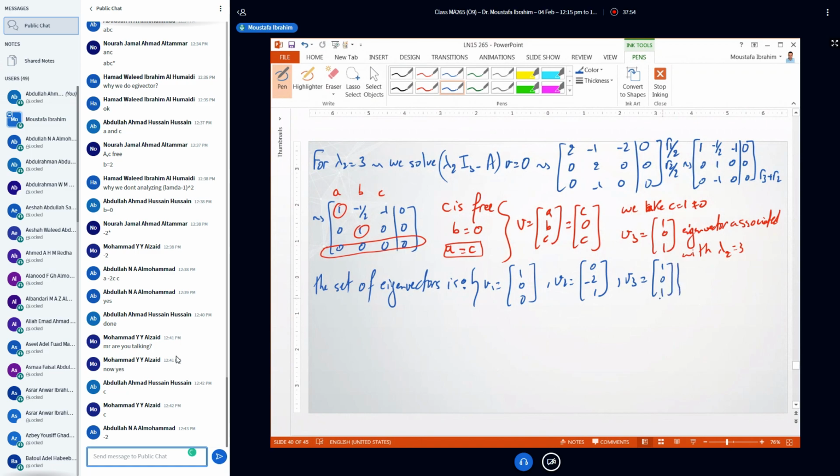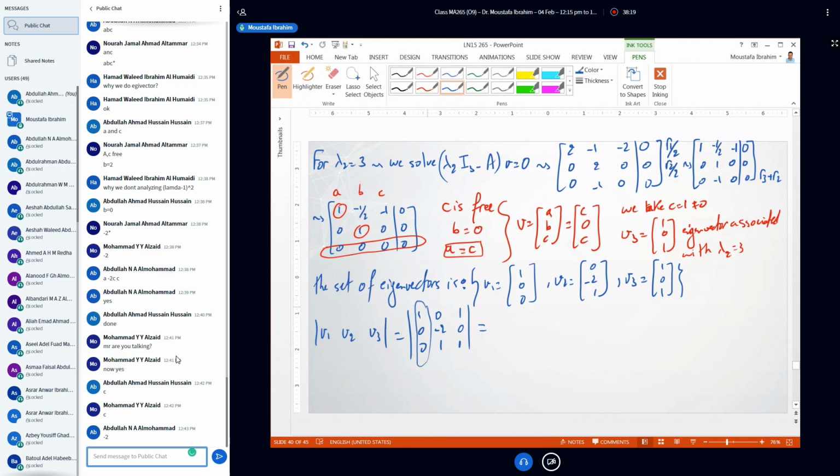Here we have a possibility to get a diagonalizable matrix if V1, V2, V3 are linearly independent. How to check if they are linearly independent or bases? We take the determinant of V1, V2, V3; it must be different than 0. It's equal to the determinant of 1 0 0, 0 -2 1, 1 0 1.